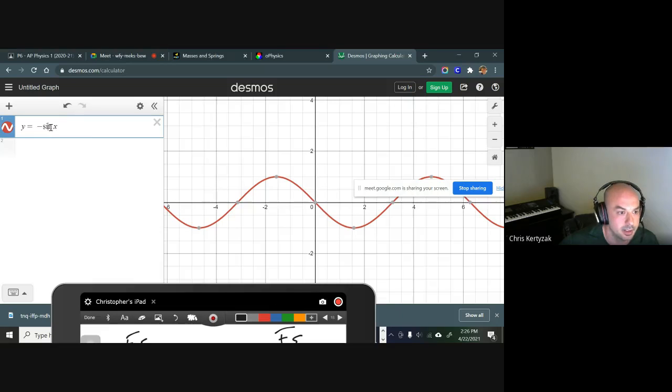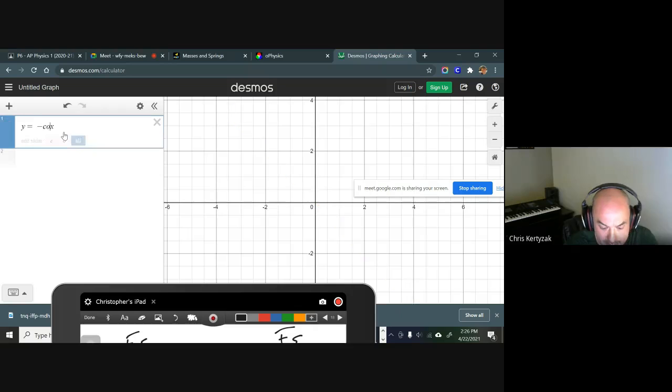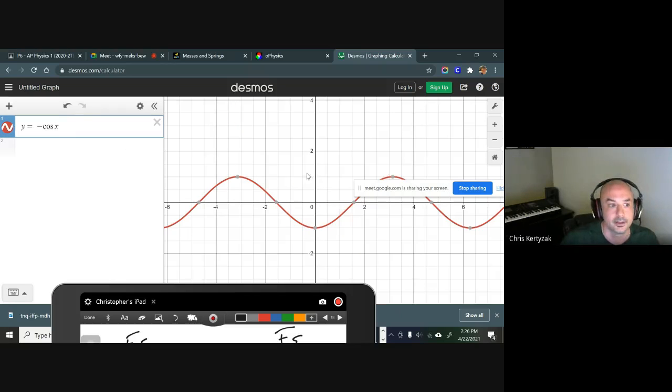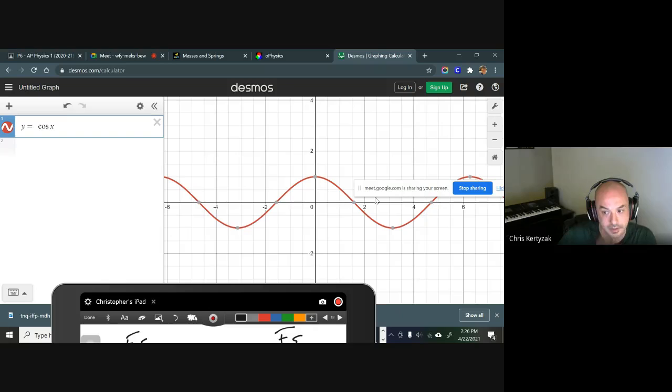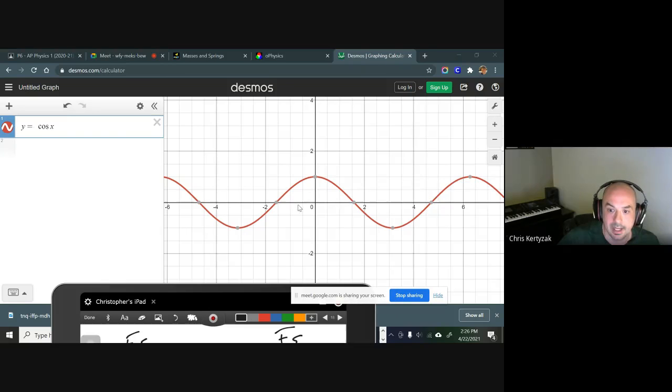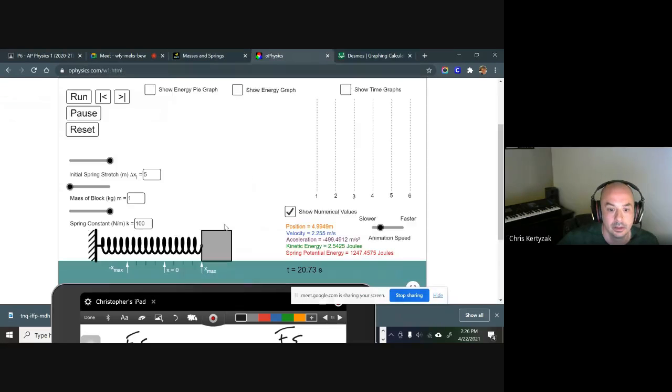If we started with our position function as this, which we did, for the negative, we know that when it's at its beginning point right here, this is a maximum force and maximum acceleration.